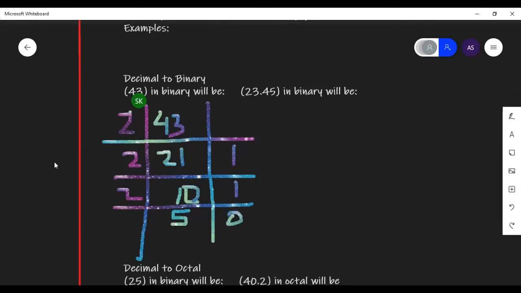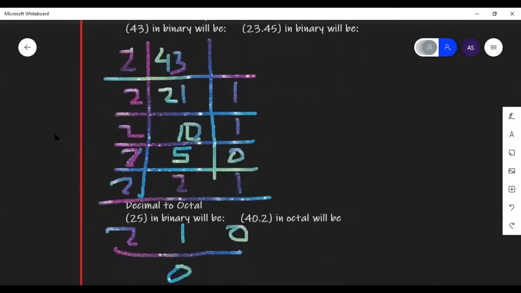Then we divide again, 2, remainder 1. Then divide again, we get 1, remainder 0. Divide by 2, we get 0, remainder 1. So what we're going to do is ignore all this stuff here, just cancel that out for now, and we'll focus on this part here.